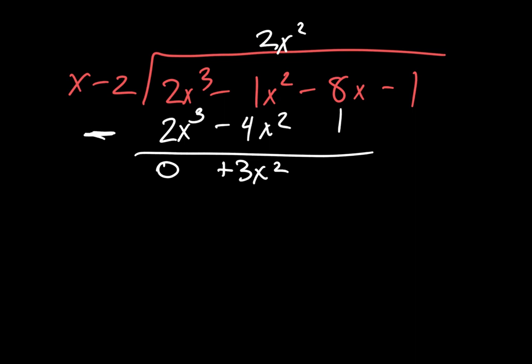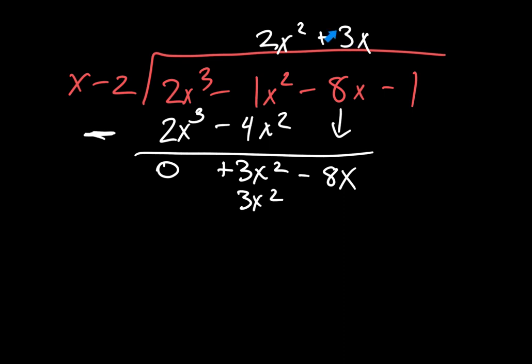Then I bring down the next one, which is negative 8x. And then I say, okay, what do I multiply x by to get 3x squared? Well, I got to multiply it by a positive 3. Need to multiply it by an x, so I get the x times the x for the x squared. So now if I have 3x times x, that will be 3x squared. Yay.